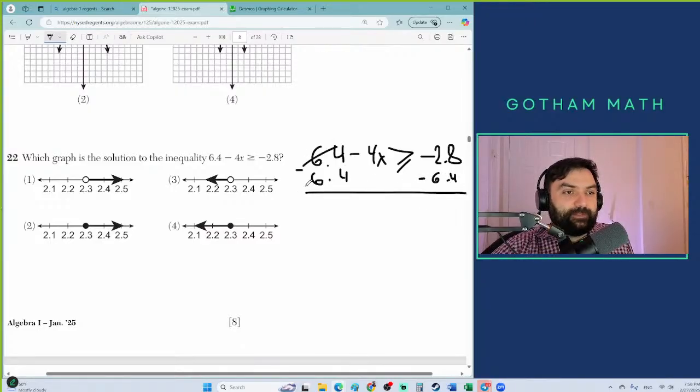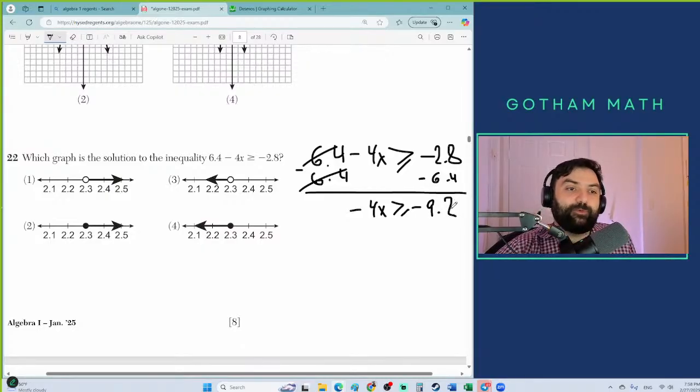All right, this goes away, and negative 4x is dropping down, greater than or equal to, and this is going to become negative 9.2. You can do the calculations in a calculator. And now we're going to divide both sides, and here's the tricky part.